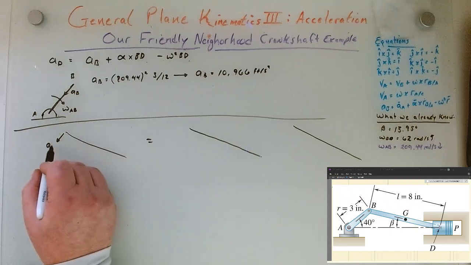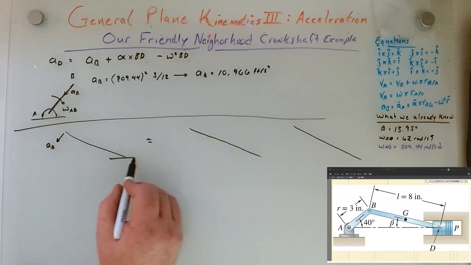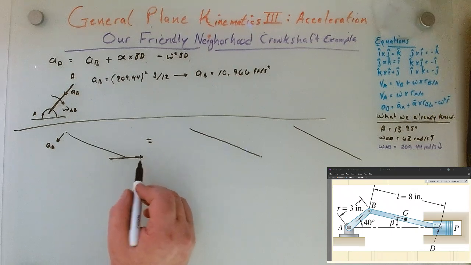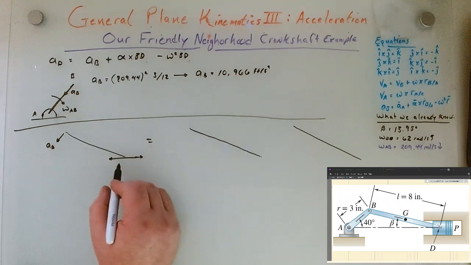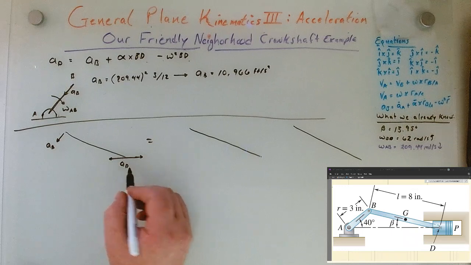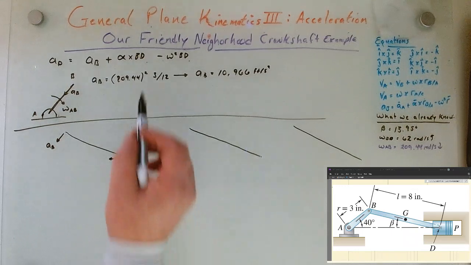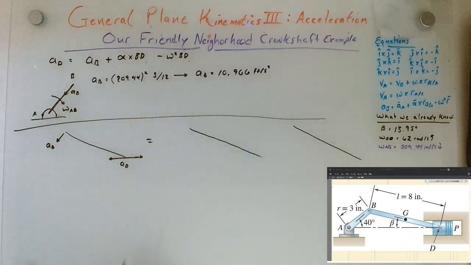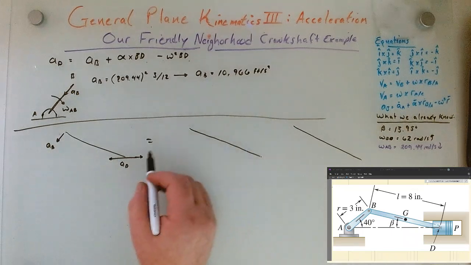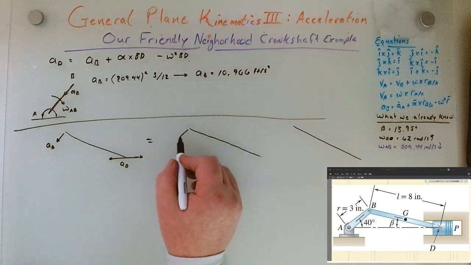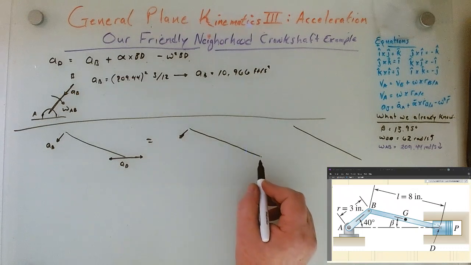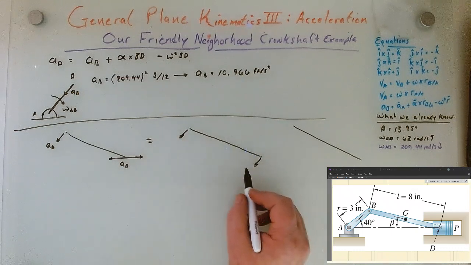A_D looks a little funny at first, so it looks like this. The reason is that there's no way to know, based on the equation we're given, which direction A_D is going to face. So A_D equals, and here we're just going to do the translation and rotation thing again. These are both A sub B.